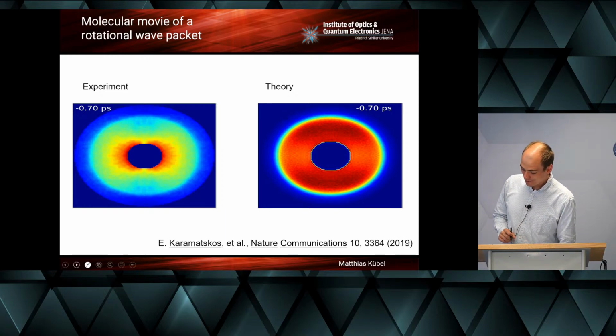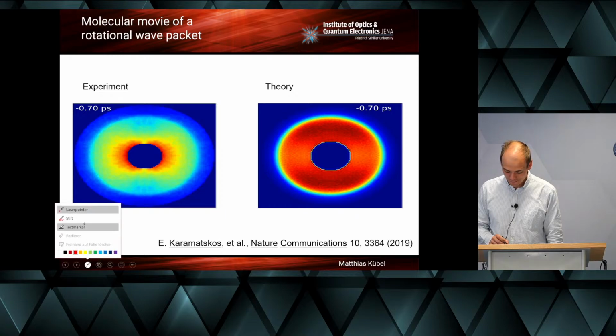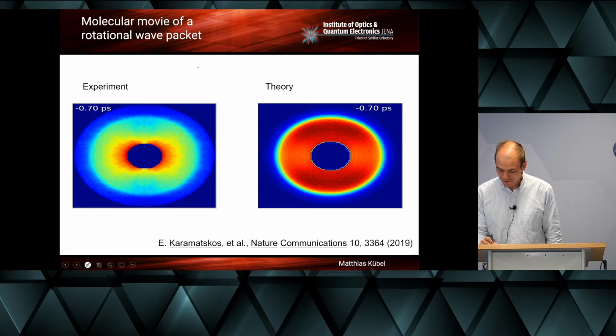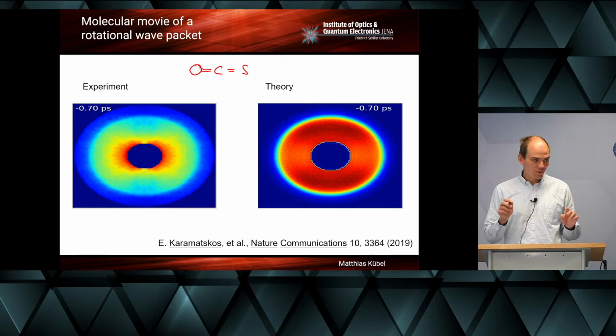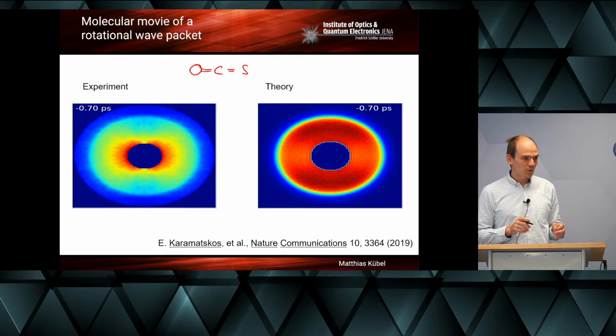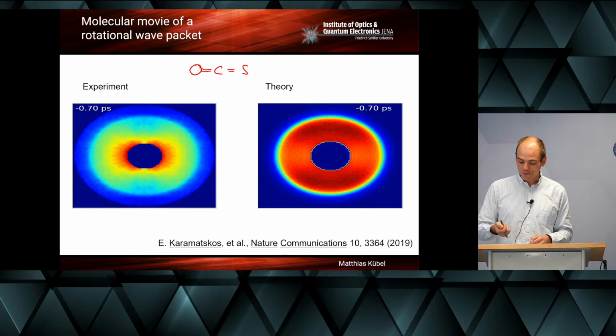What they do here is they use OCS molecules. So OCS, that's an oxygen atom, then a carbon atom, and then a sulfur atom. So it's a bit like CO2, but one of them is sulfur instead of oxygen. And then they use a sequence of laser pulses that interact with the molecule.